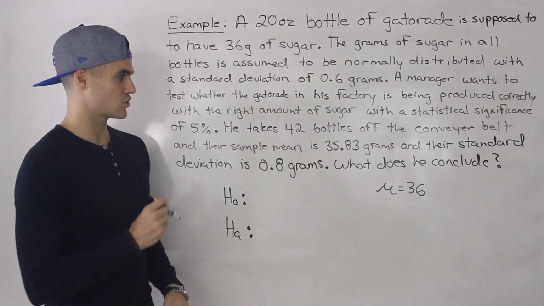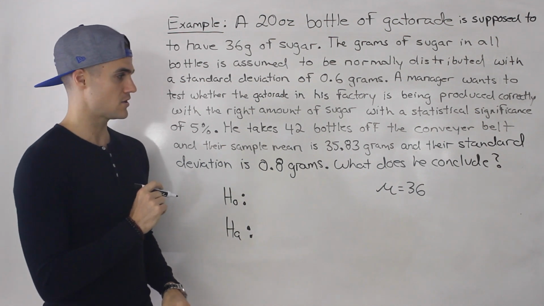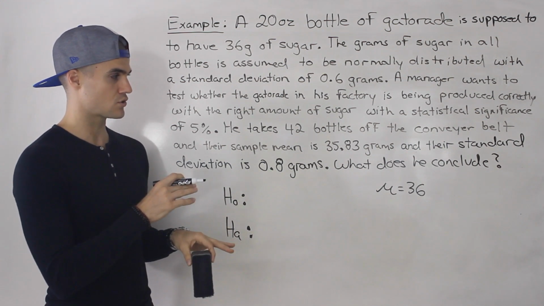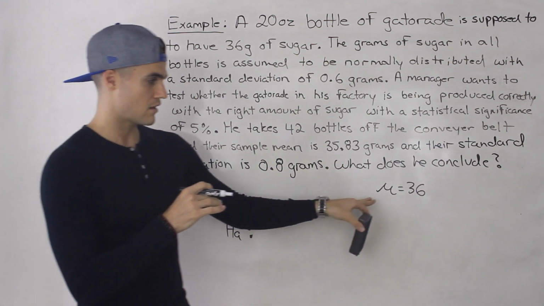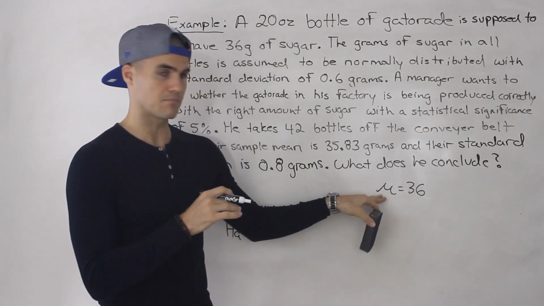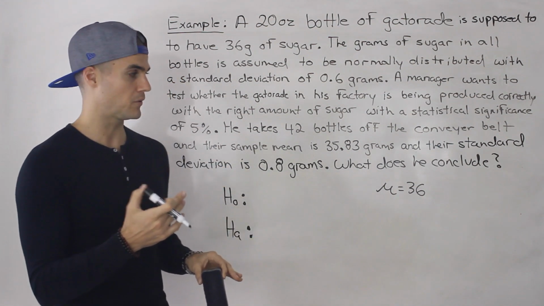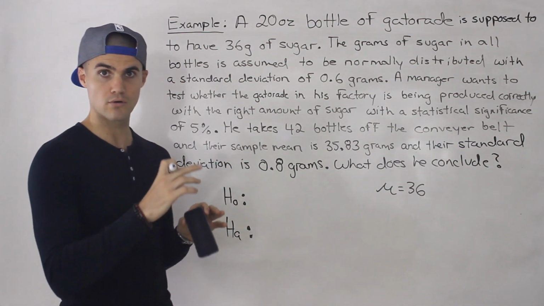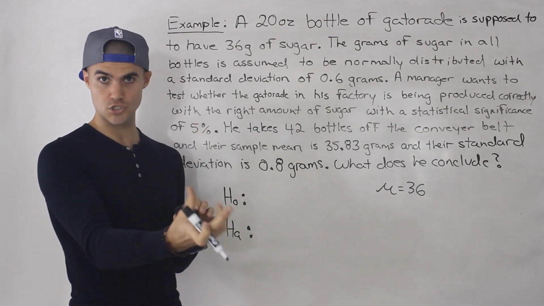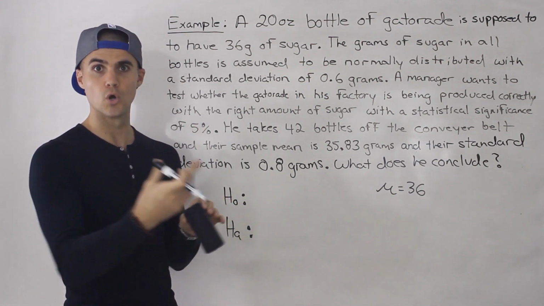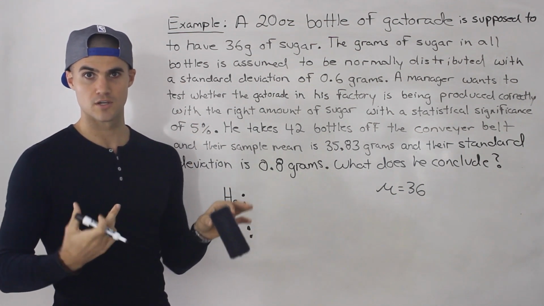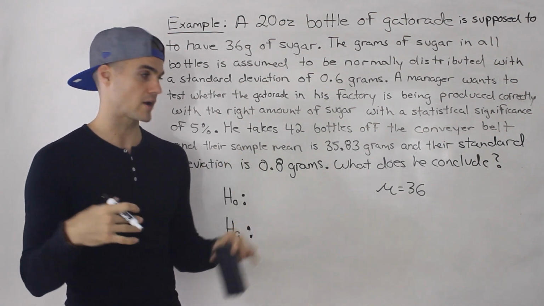So what is the manager looking for in this case? Notice that he's not too concerned with the difference in this mean going in a particular direction. What I mean by that is he wants to know whether there is potentially too much sugar being put in each bottle or too little sugar. So he cares about both directions.